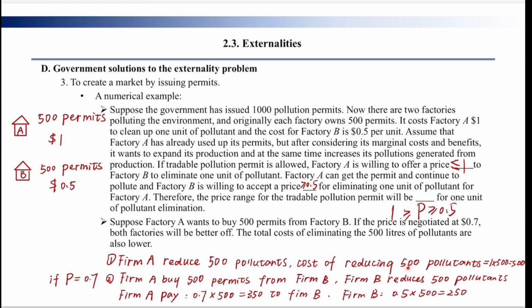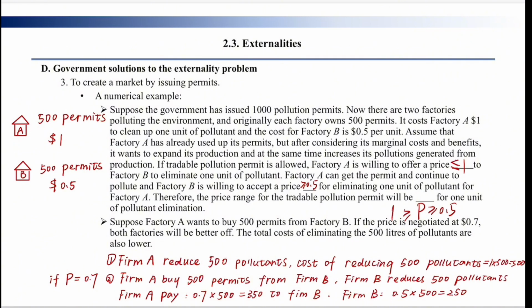How much does it cost? It needs to spend 500 multiplied by $1, because the cost to treat the pollution is $1 per ton. So 1 times 500 is equal to $500. Factory A needs to spend $500 to treat the pollution by itself.